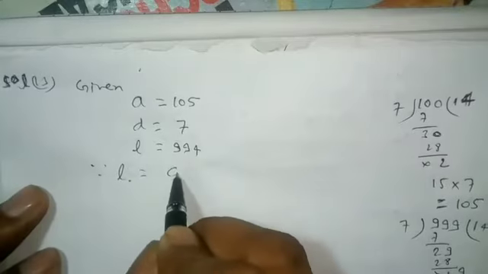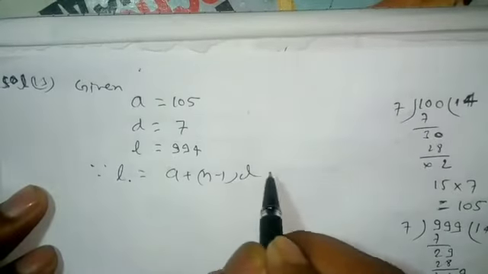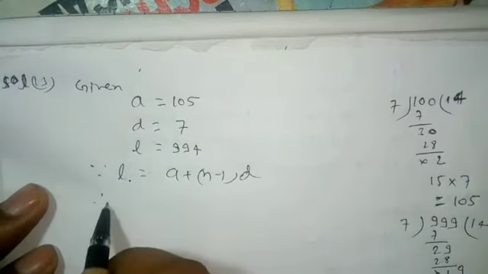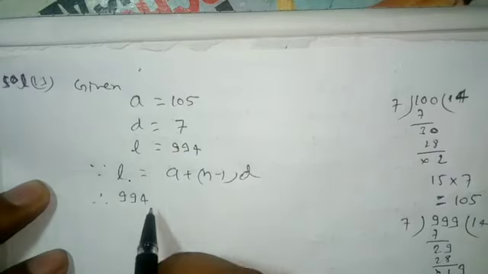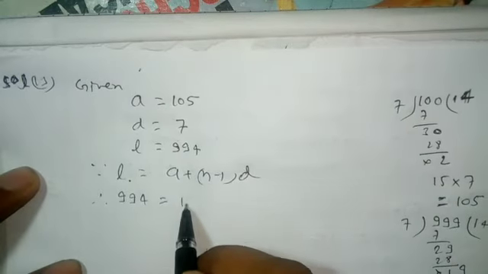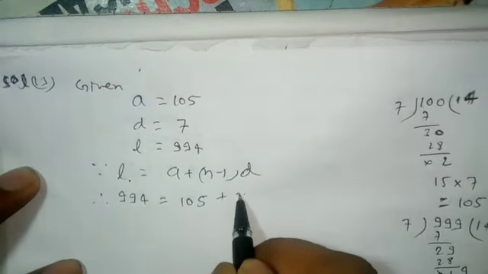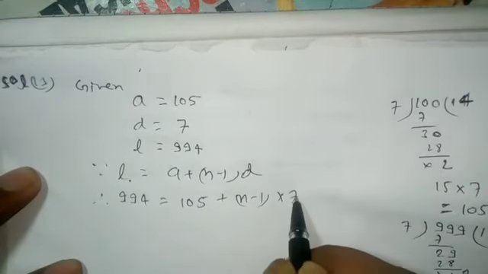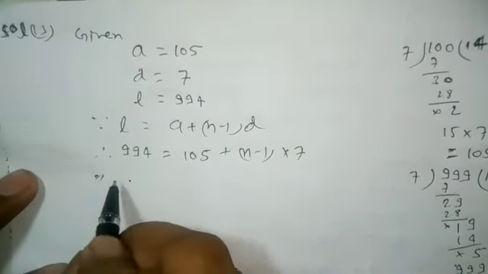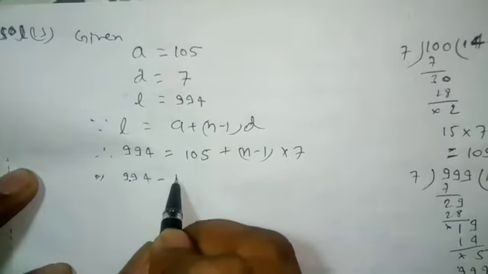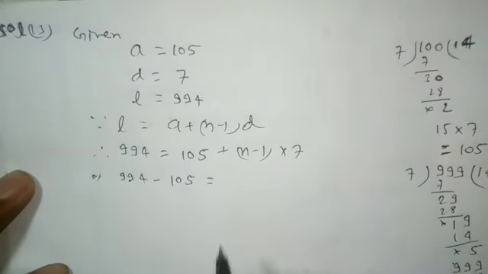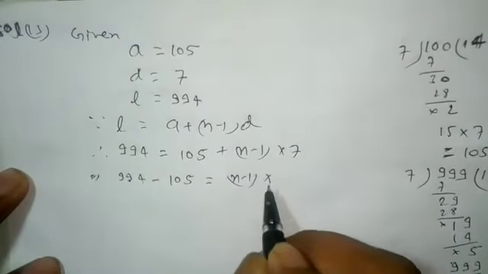Because L is equal to A plus n minus 1 into D, therefore 994 is equal to 105 plus n minus 1 into 7. This implies 994 minus 105 is equal to n minus 1 into 7.